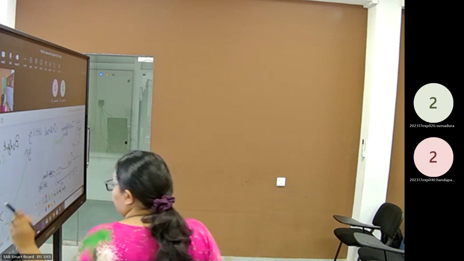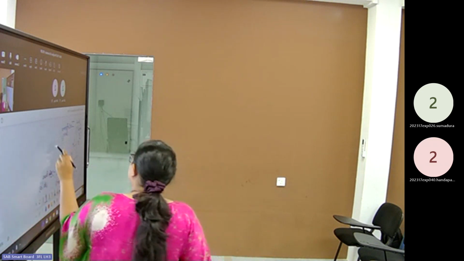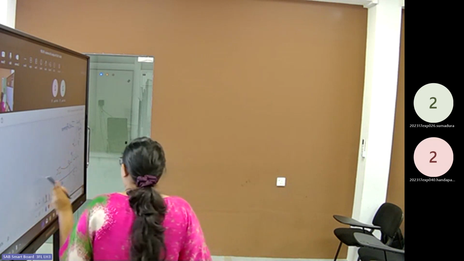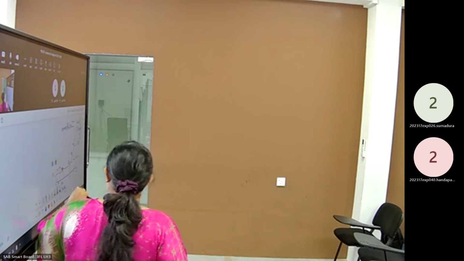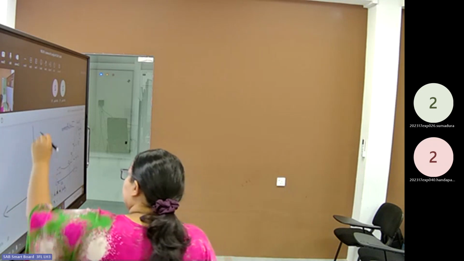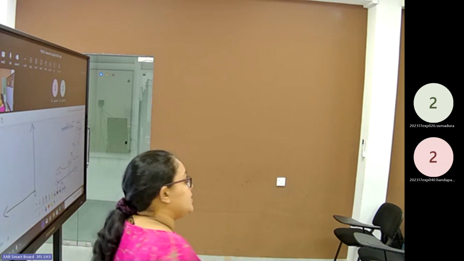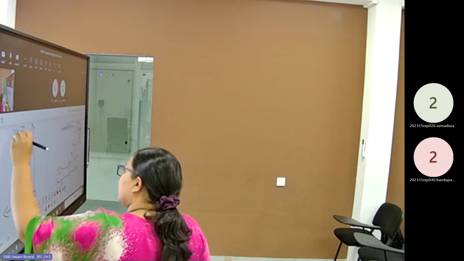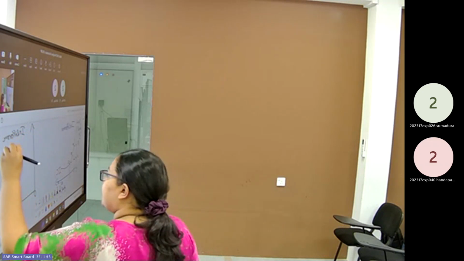Now, let's see some of the characteristics of this indifference curve. An indifference graph with several indifference curves on it is called an indifference curve map.